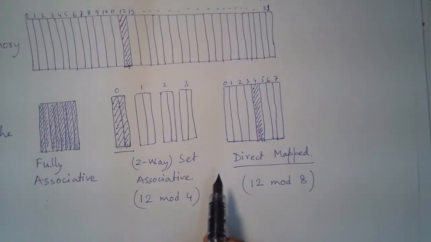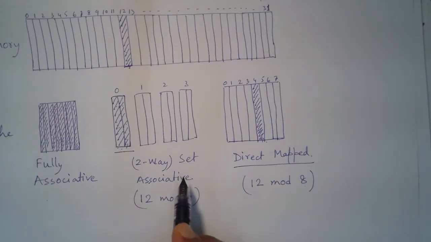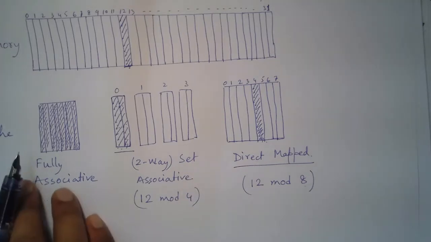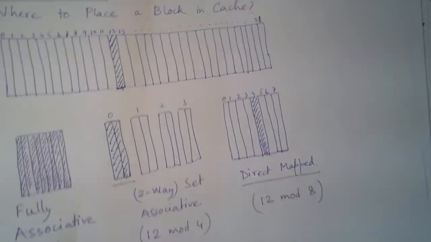You will be asked many times the difference between fully associative, set associative or direct map caches. So please make sure that you understand it appropriately. All right, so now we will move ahead and see the next classification, which is based on block identification.